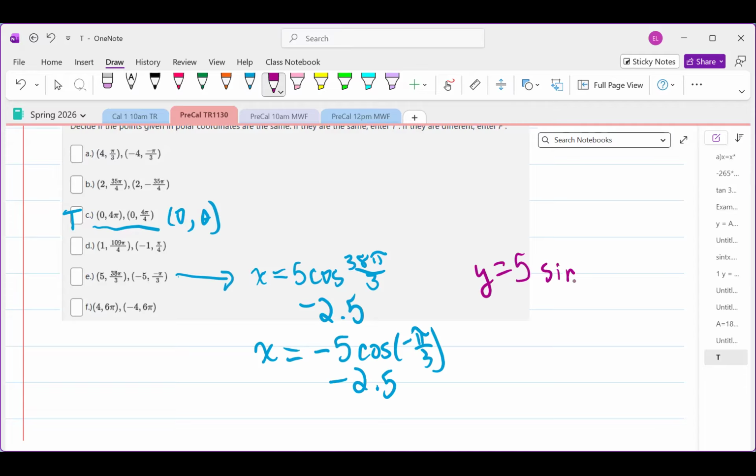So now we check 5 sine 38 pi over 3. And this is going to be some ugly square rooty number. Really what we're looking for is to make sure they're the same square rooty number, and really the same positive or negative.